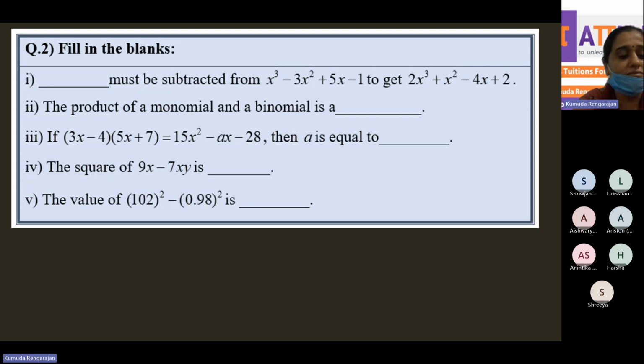Let me see who's the first to send. Receipt from Anantika.